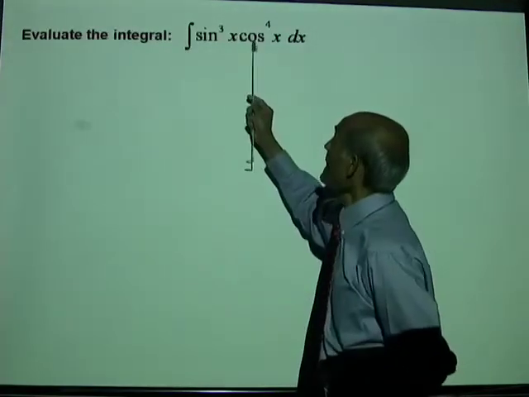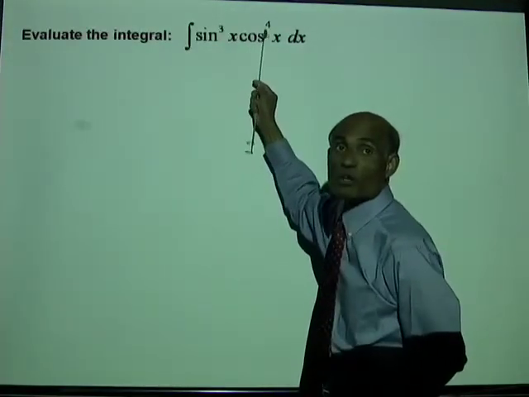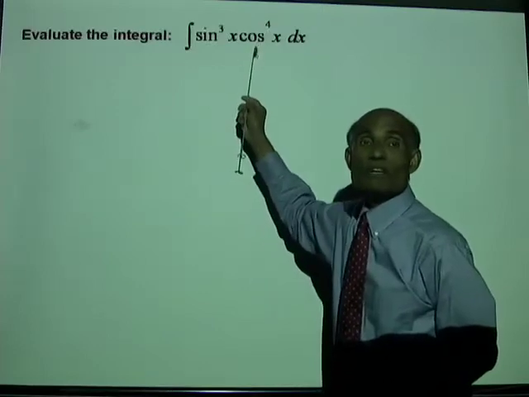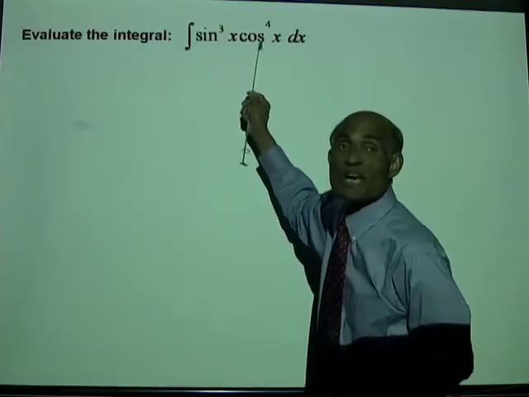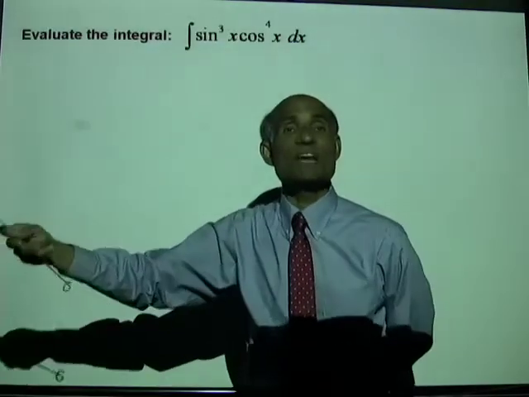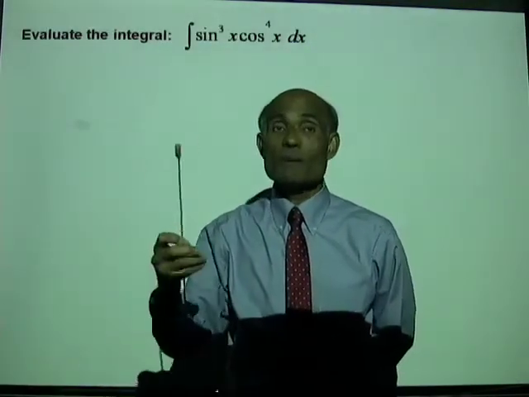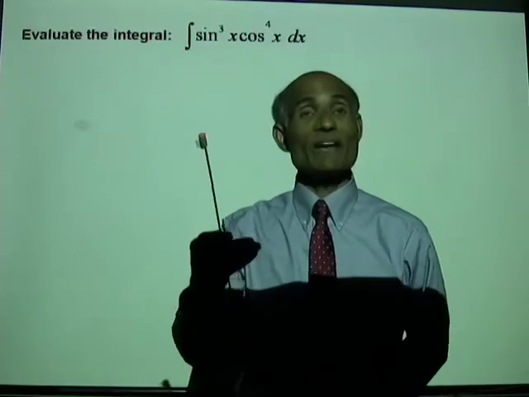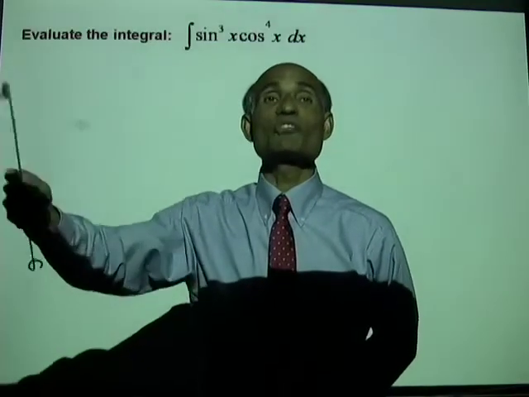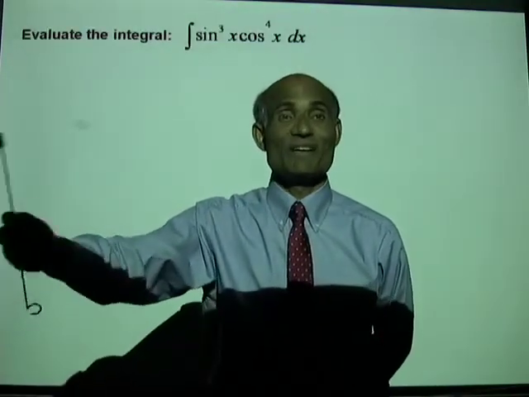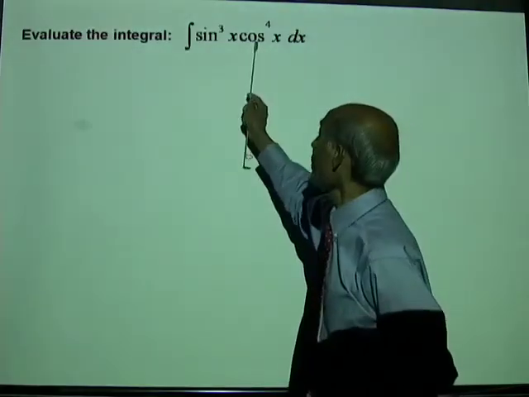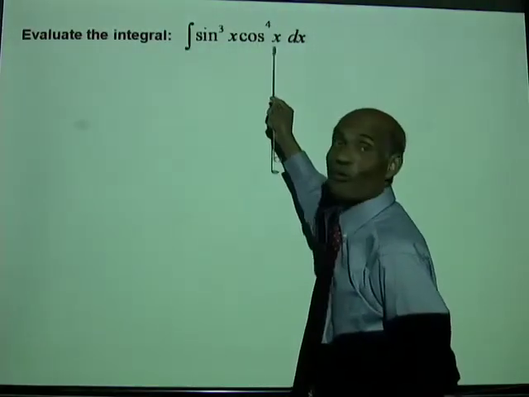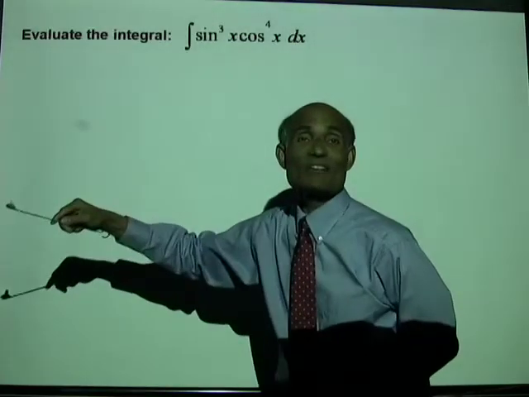Because the power of cosine is even, we can represent this in terms of sine. You can change this into a sine function. How? Because cos squared x is 1 minus sine squared x. If cos squared x is 1 minus sine squared x, what is cos to the power of 4x in terms of sine squared x?